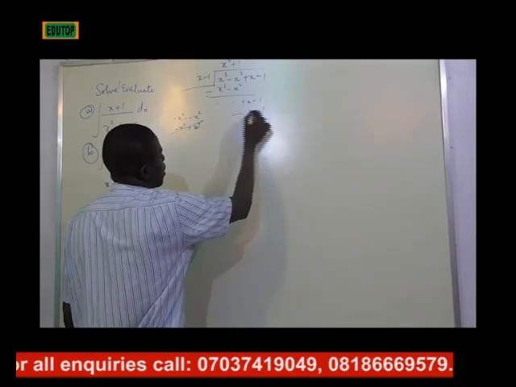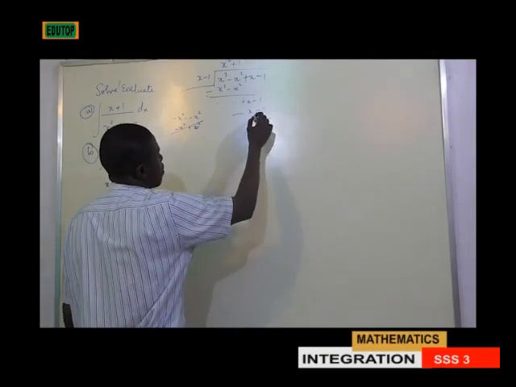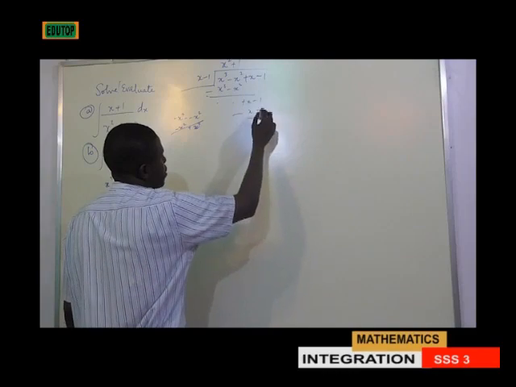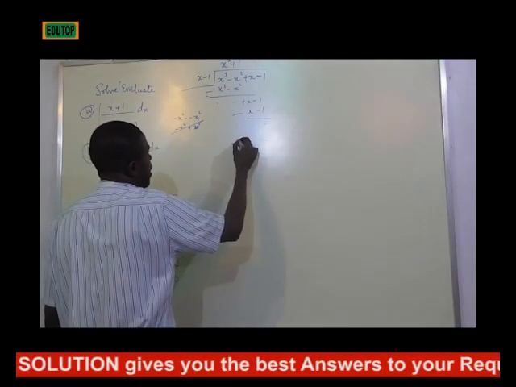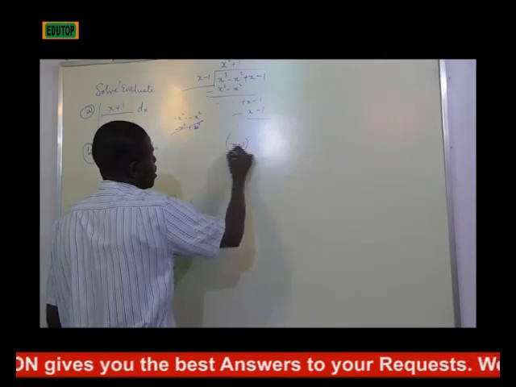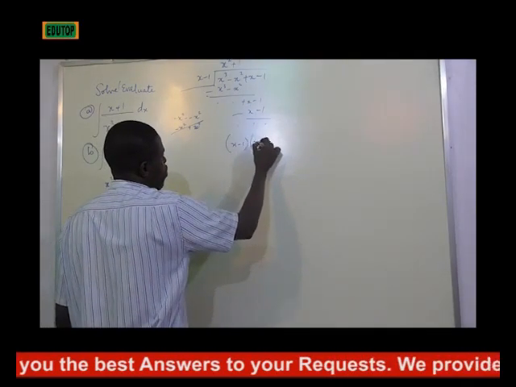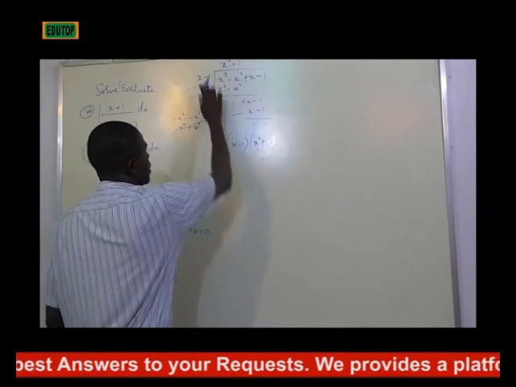So automatically, I will have x minus x, 0, 0. So automatically, I will have x minus 1, then x squared plus 1. I have this and this.